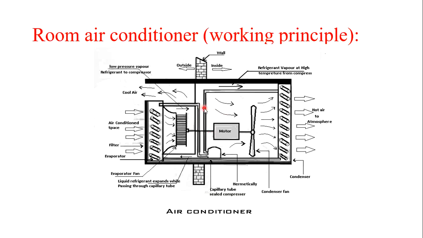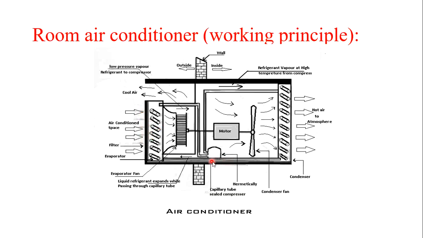This room air conditioner is usually mounted over the window sill. The diagram shows this air conditioner mounted over the window sill. Half portion of the air conditioner is projected into the room, whereas the other end of the air conditioner system is projected outside the room. The air that has to be cooled from the room is passing toward the evaporator coil through this air filter.